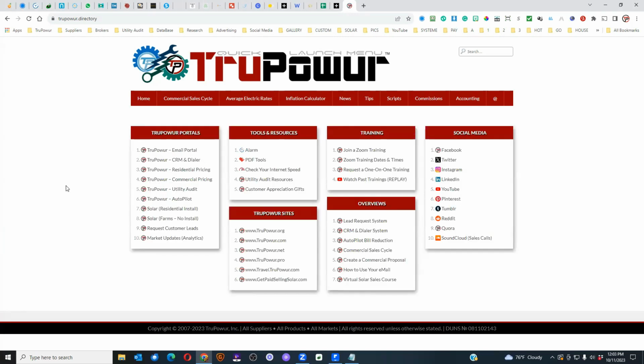So the first thing that we want to do is really understand the difference between deregulated matrix and deregulated custom pricing.